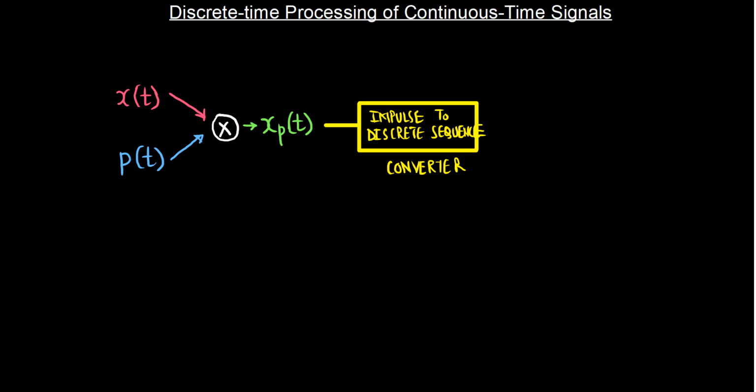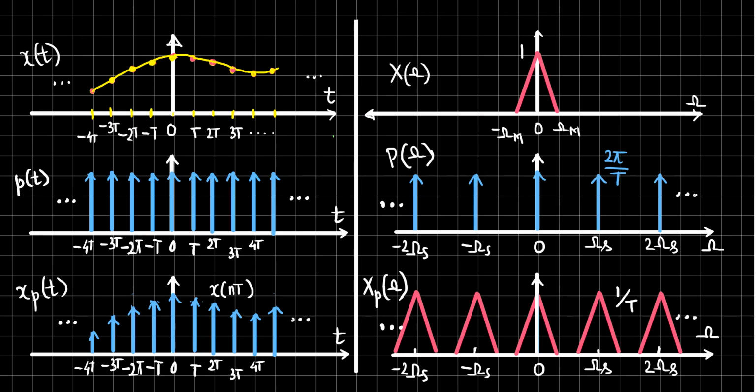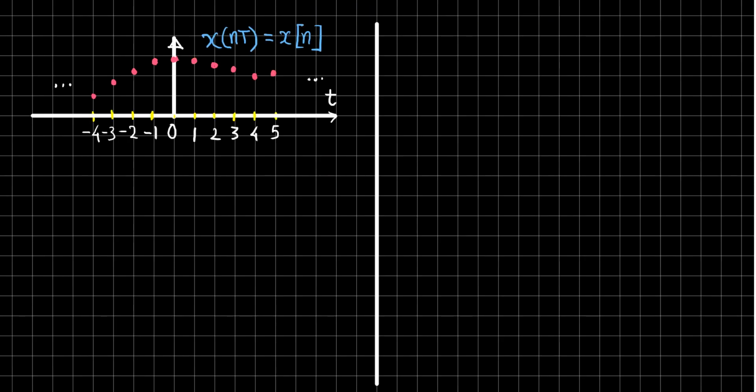What does the converter do? It simply takes this continuous time signal, that is xp of t, and extracts this x of nT, that means the value of the signal at these locations, and saves those values. That means at the end you are going to have the signal something like this.